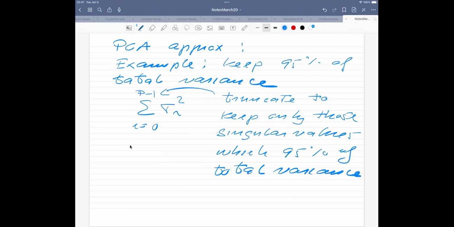And that will correspond to a specific number of features. And you saw that in the code examples from scikit-learn, that you could actually put in that threshold, 95%. And scikit-learn does this automatically for you and figures out which eigenvalues and eigenvectors should be included.